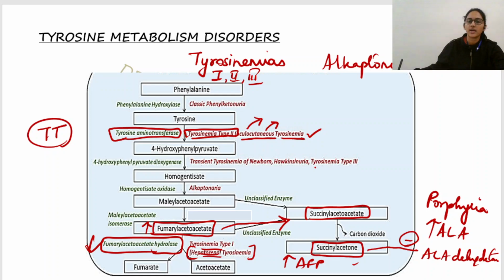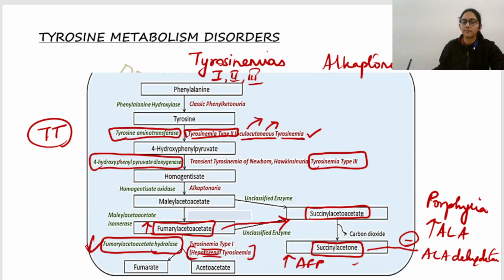Now there is one more type, type 3 tyrosinemia, when there is complete absence of hydroxyphenylpyruvate dioxygenase enzyme. When there is a partial defect of this enzyme, that will lead to transient tyrosinemia of the newborn.